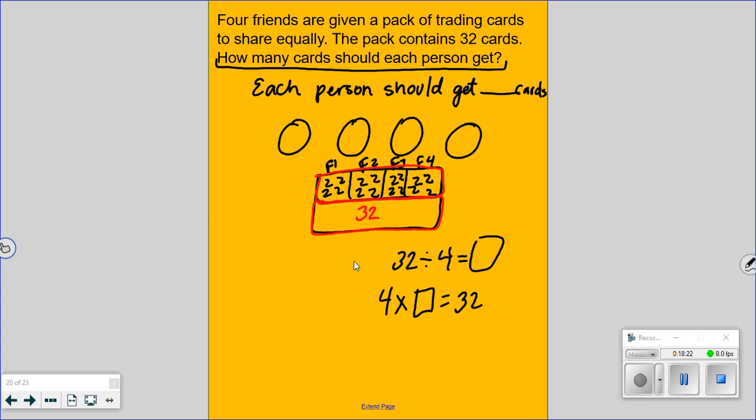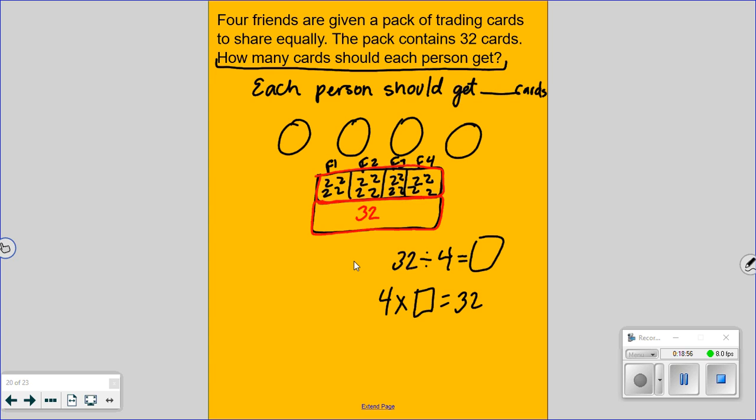So, is the answer of what this is trying to figure out that each person should get 2 cards? No. But I wrote 2 a whole bunch. What is it going to be? Each person should get how many cards? Because I wrote 2 a whole bunch, but you're telling me it's not 2. Mason, what do you think it's going to be? 16. It's not going to be 16. Jackson?